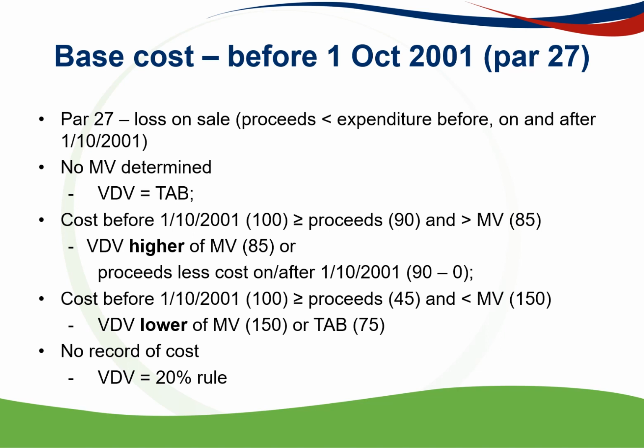Here we gave the time apportionment base cost as 75, so 75 will then be used as it is lower. Where there were no records kept of any costs, the valuation date value will be based on the 20% rule.